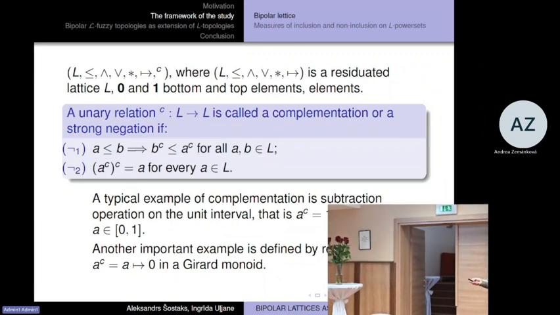Besides, we need complementation, a reversing involution, which reverses order. Typical is 1 minus a in the unit interval. Another very important case is a Girard monoid. I'll return to this later; I hope I'll have time to explain the role of exactly this situation in our structure.